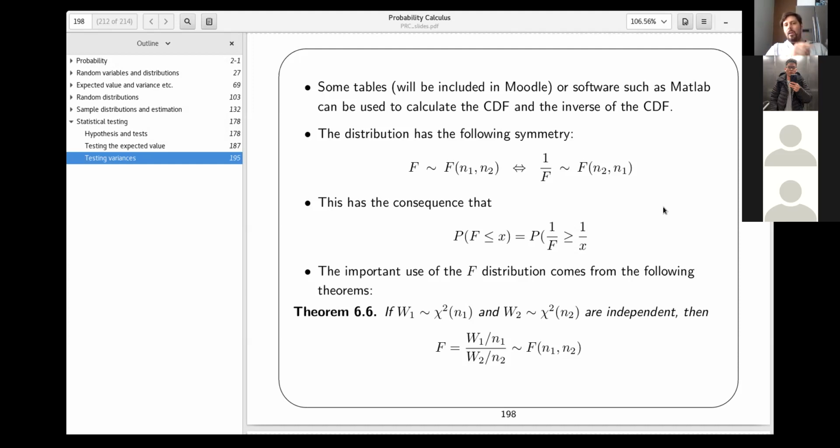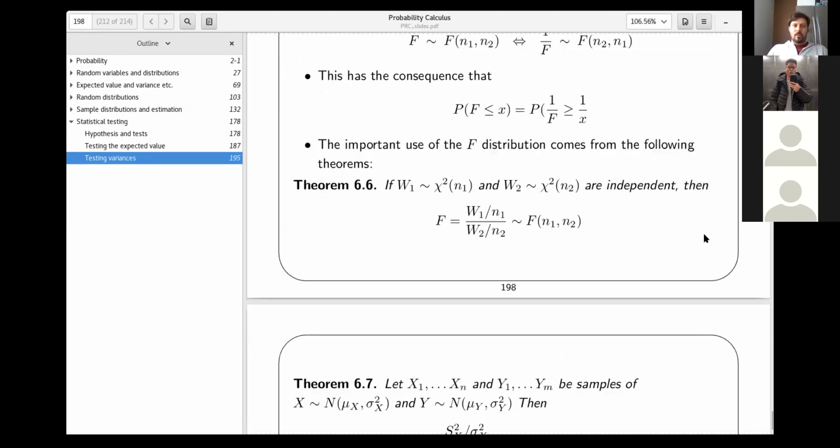So if n1 and n2 are the same, then F and 1 over F have the same distribution. It's relatively weird. This has the consequence that the probability that F is smaller than X is the same as the probability that 1 over F is greater than or equal to 1 over X. So it has this symmetry around the value 1, if you want to think about it like this.